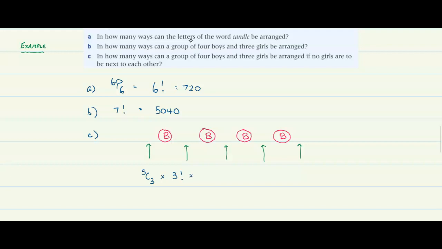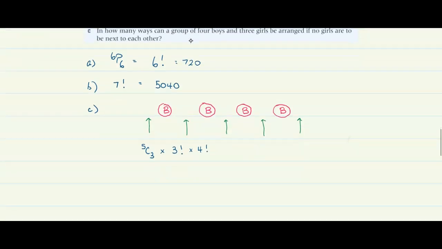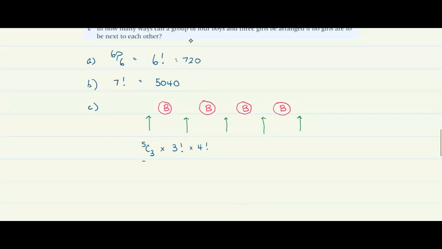And as we just talked about at the top of this question, there are 4 factorial ways of organizing those boys. So 3 factorial by 4 factorial by 5C3. Now 5C3 is 5 factorial over 3 factorial, 2 factorial. Times this by 3 factorial, times this by 4 factorial.